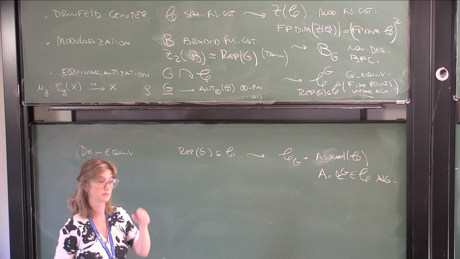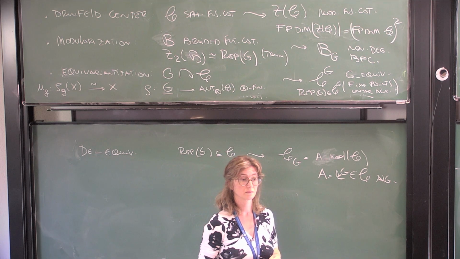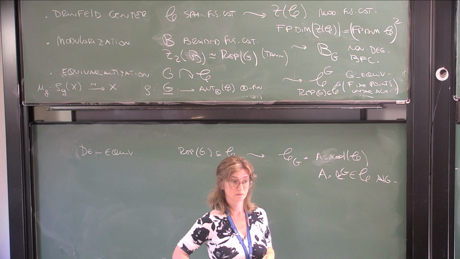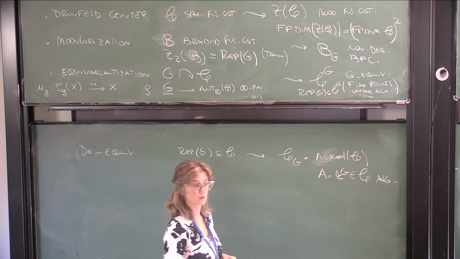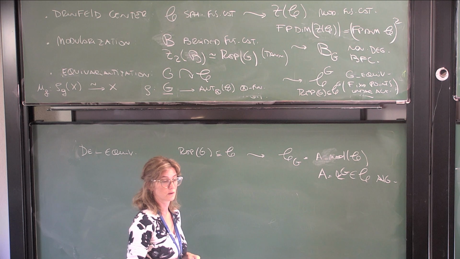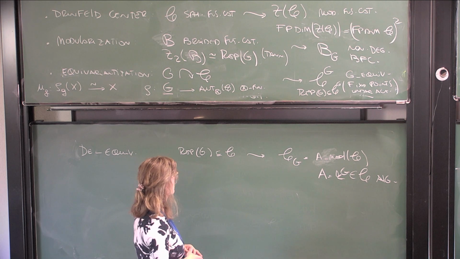Matt? I just wanted to ask, it's not the case that all non-degenerate braided fusion categories come from modularization, right? Like, this only produces some of the non-degenerate braided fusion categories, is that right? Let me think.